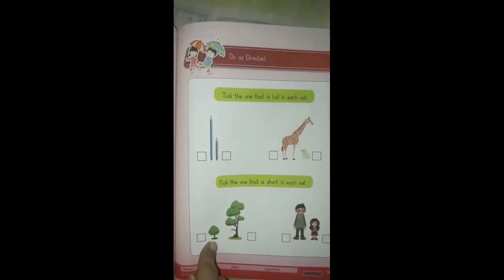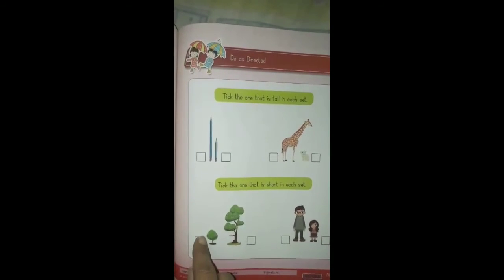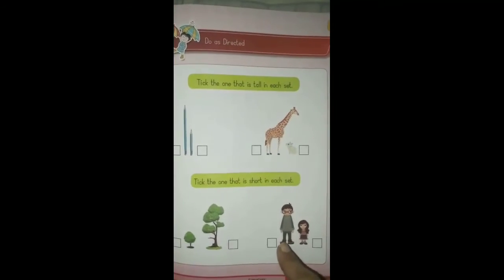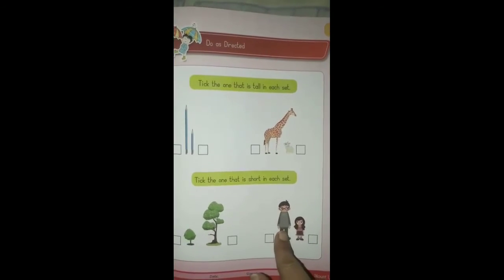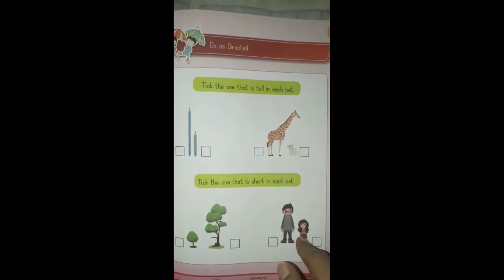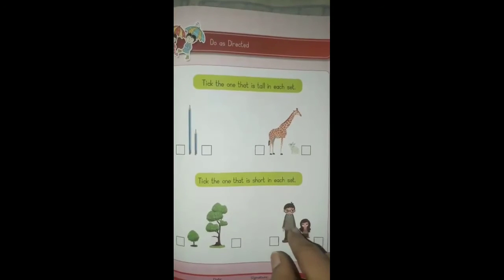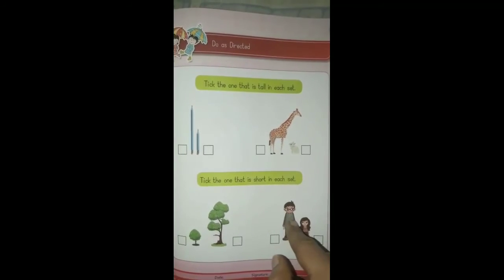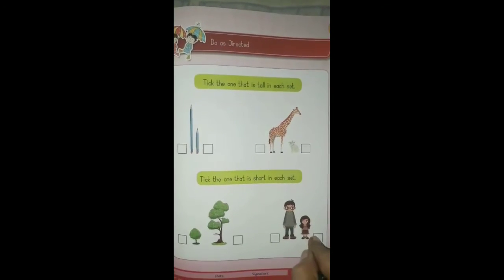So you will tick here because it is short. And come on to the next. Yes, this one is tall but this girl is short. This girl is shorter than the boy, so we will tick here.